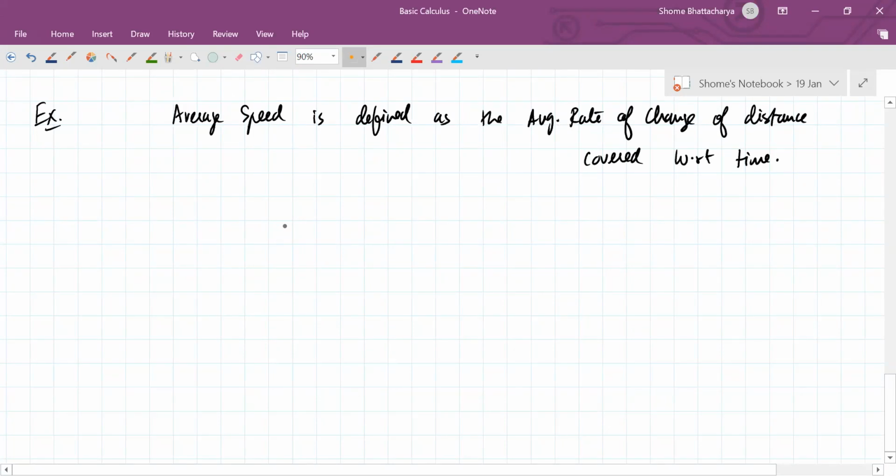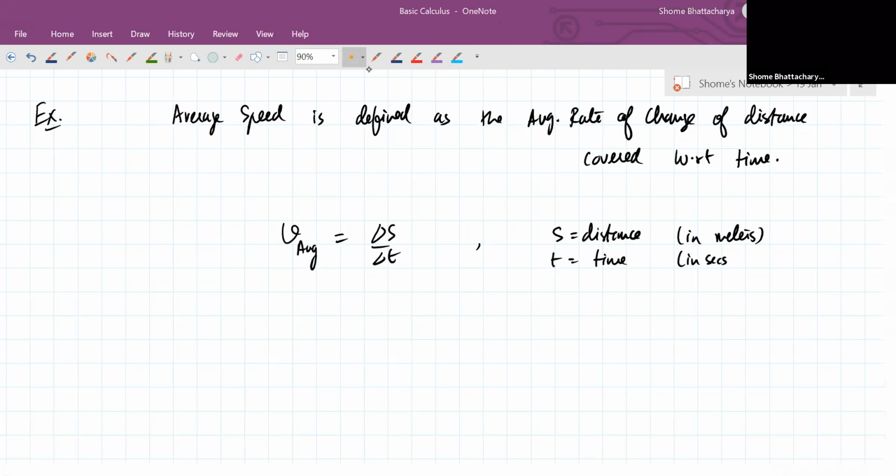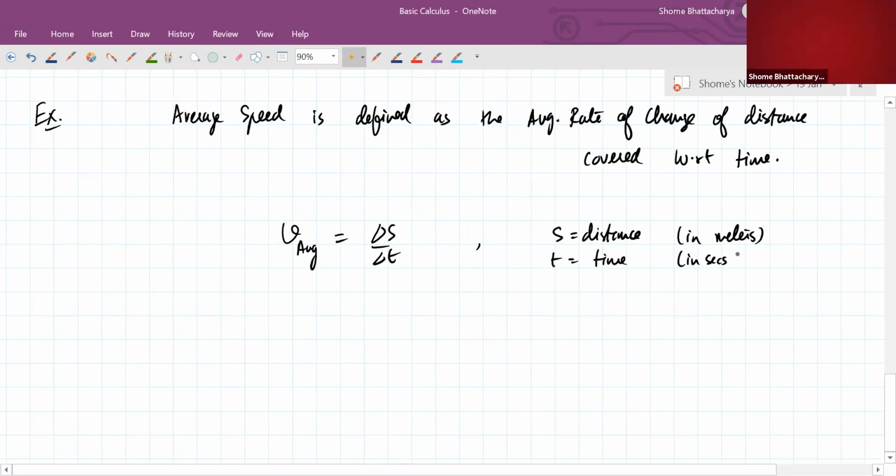So we can define the average speed as delta s by delta t, provided we have defined s as the distance and not displacement. Suppose s is in meters and t is the time in seconds. Then v average would become the average speed in meters per second. So this is the overall definition.